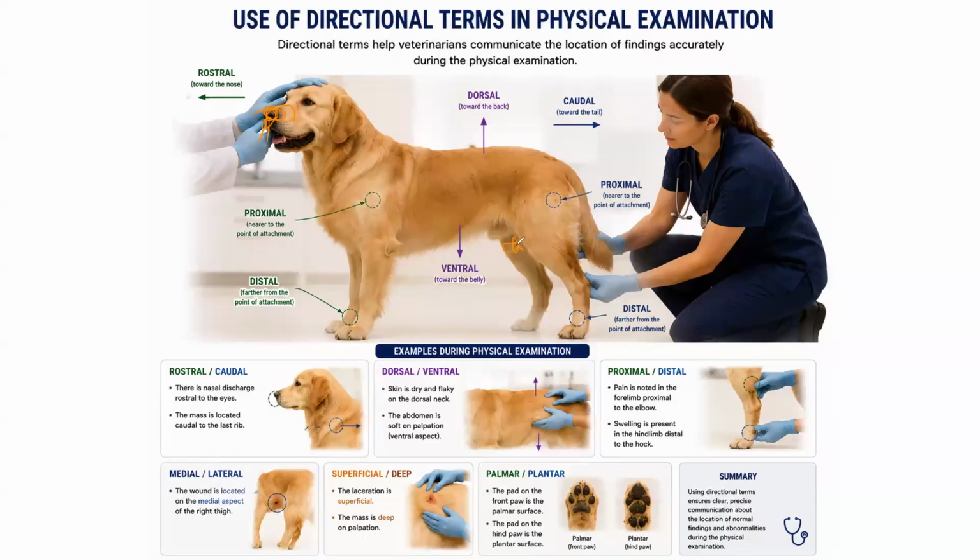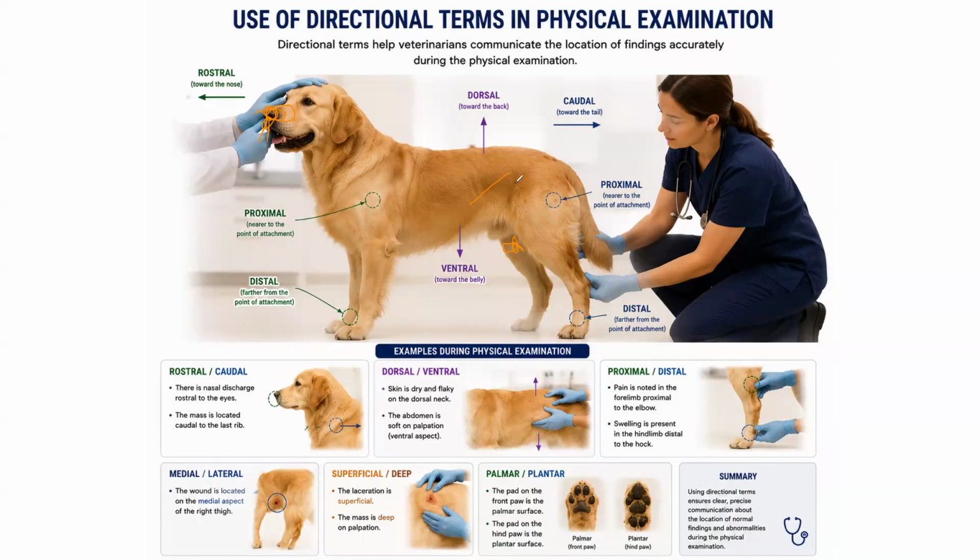Okay? And they could also tell you superficial or deep. Now, you could be hearing such words like the laceration is superficial. So they're telling you that the cut that the animal had is just on the surface. So let's say this animal was just passing through a gate and it had a cut around this region. So if a doctor examines it, they brought the dog to the hospital, they say, doctor, come and check, oh, my dog is bleeding.